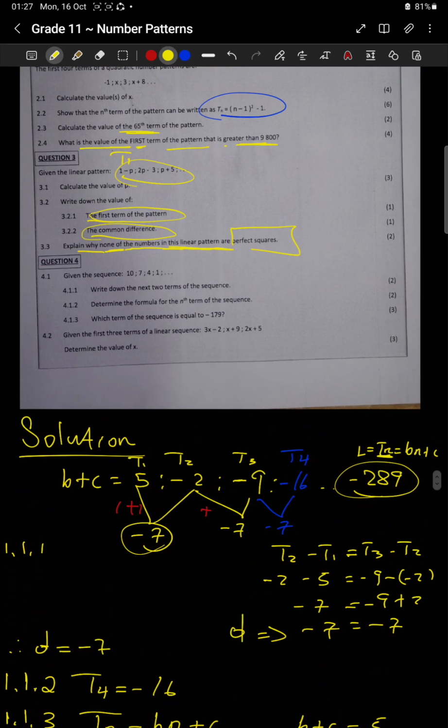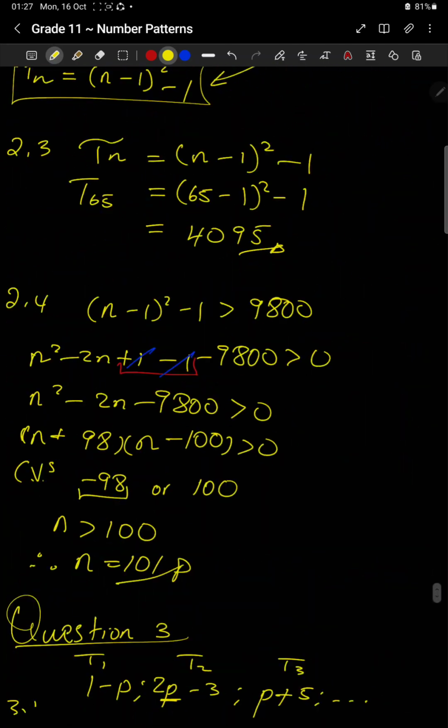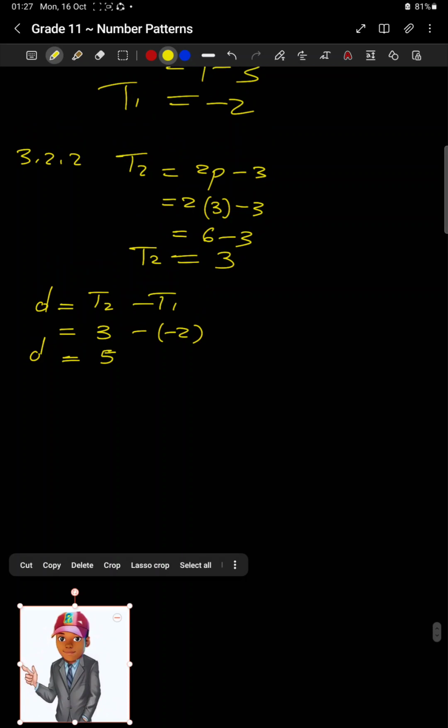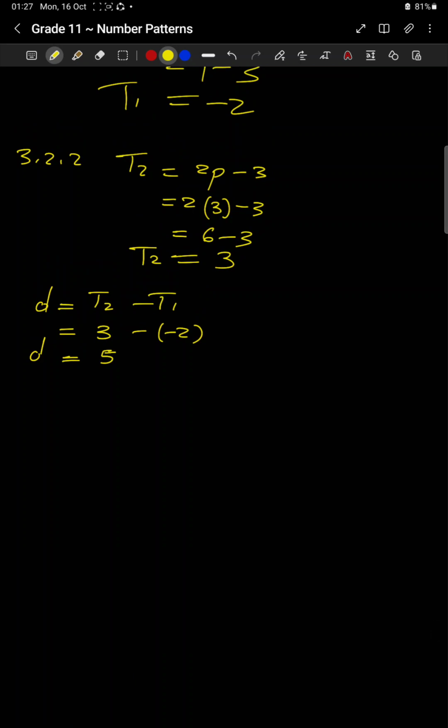Firstly, let's determine all the terms here by substituting the value of p, and then we see what we do after that. In the last question, that must be 3.3 if I'm numbering correctly.